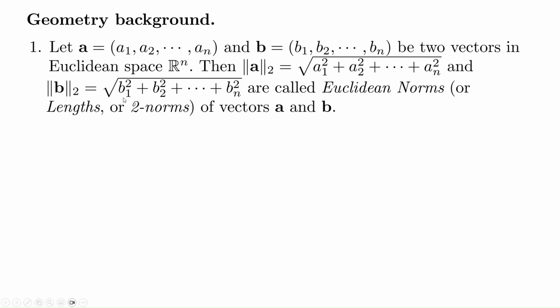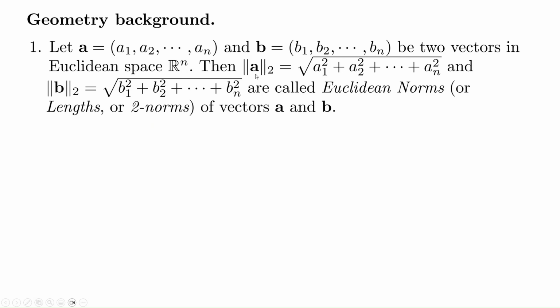A short discussion on the geometric background. a1, a2 to an and b1, b2 to bn are two vectors in the Euclidean space Rn. They are labeled as A and B respectively. We can define Euclidean norms, or two-norms, of the vectors.